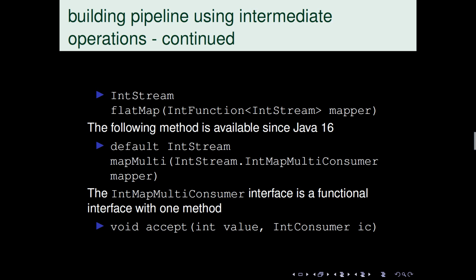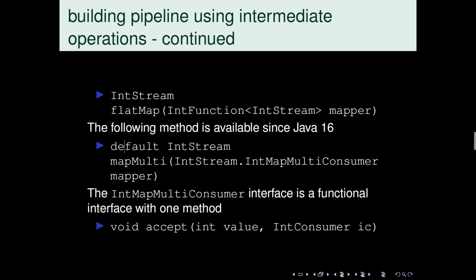If you look at this mapMulti method in the IntStream, the first parameter is IntStream.IntMapMultiConsumer, so it's an inner interface within the IntStream. IntStream has a further interface called IntMapMultiConsumer, which is again a functional interface, but this is not in the standard set of functional interfaces.